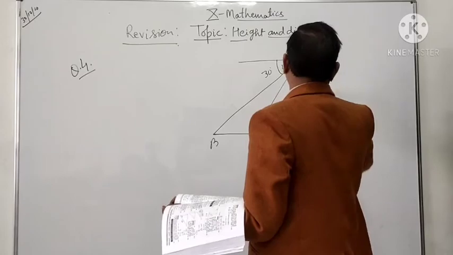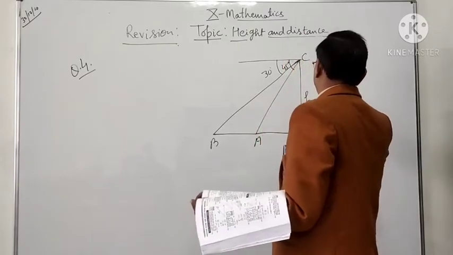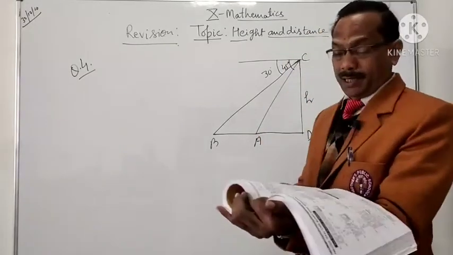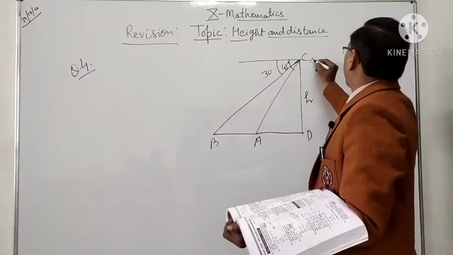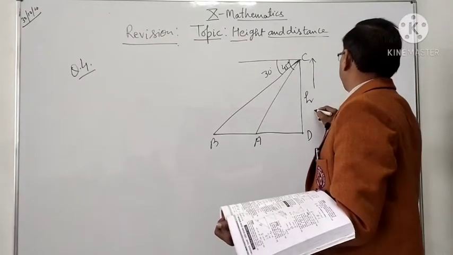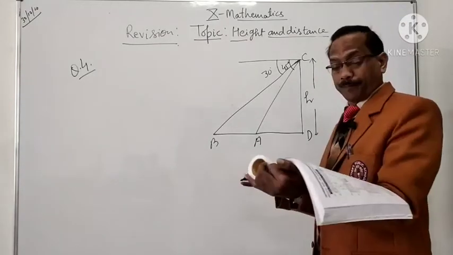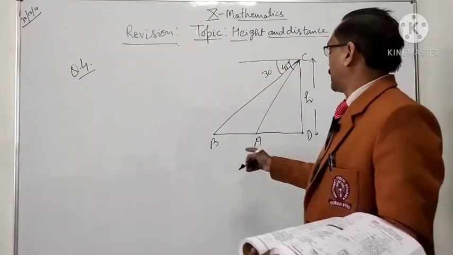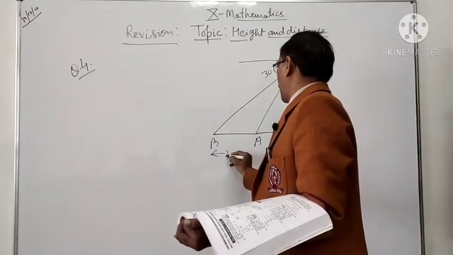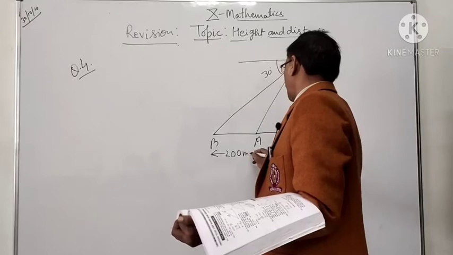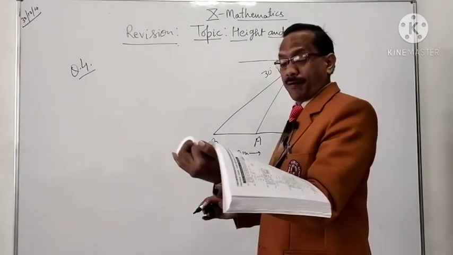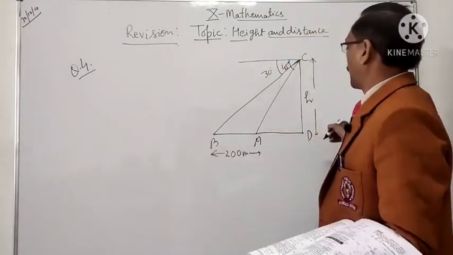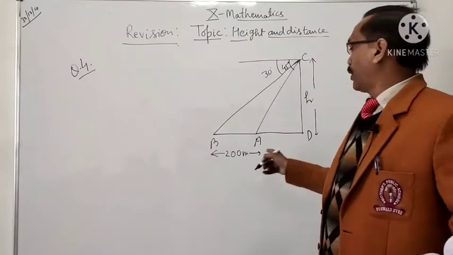Student, let it be CD. It is H, the height of the lighthouse. This is 200 meter apart. Find the height of the lighthouse. So you have to find the value of h.